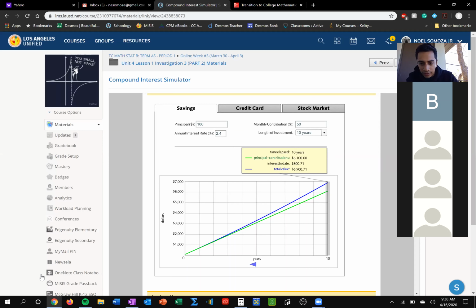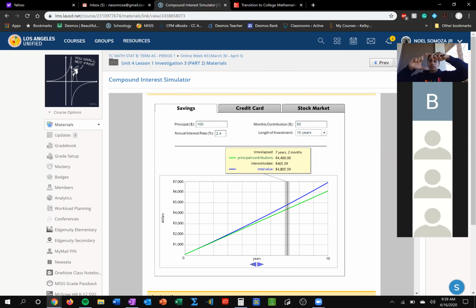Essentially what we could say is that the interest is represented by, if I were to slide this, I think I could slide this actually. So if I slide this along, you see that gray bar moving, there's a gap in between blue and green. And so that gap, that difference, is your interest. That's how it shows up. It's the space in between those two graphs, the difference between them.